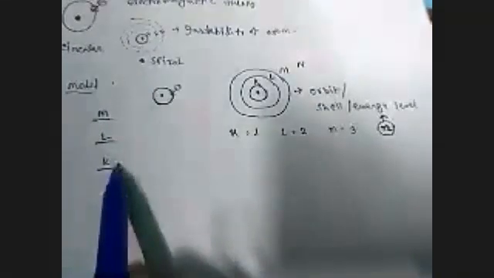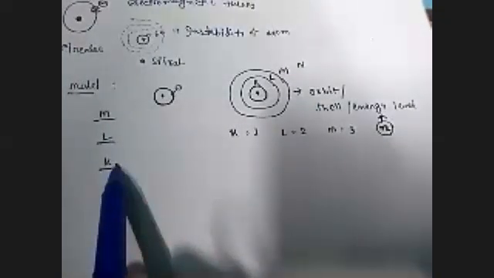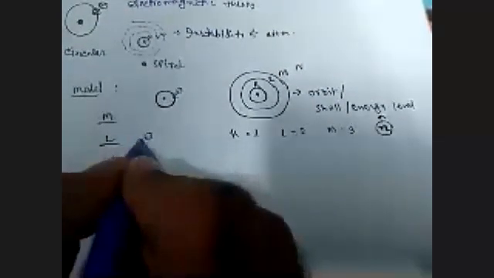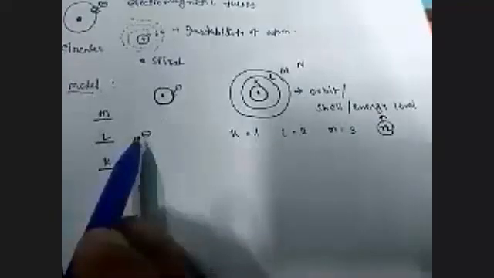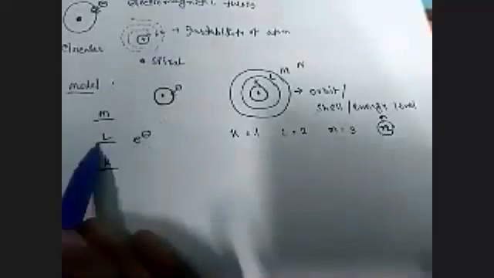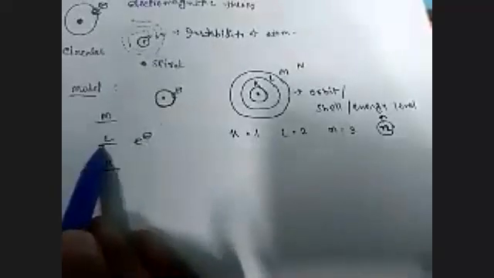So K has the lowest energy and M has the maximum energy between these three. Suppose one electron is placed here in the L cell. The energy associated with this electron is fixed when it is present in this orbit.